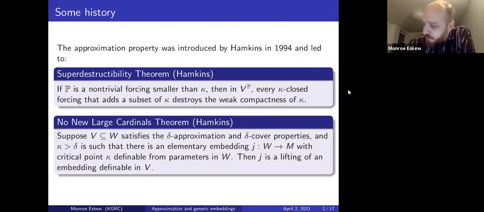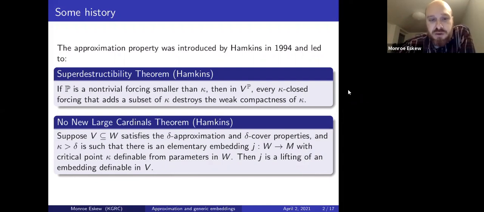And then there's this other one that says that the standard strategies we have for preserving large cardinals through forcing are in a sense the only ways to find witnesses to the large cardinal properties.